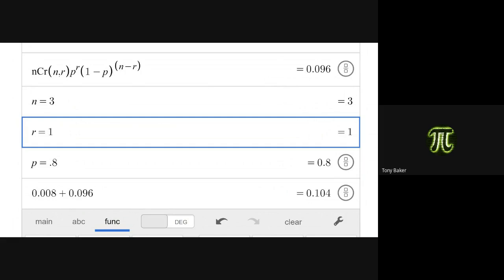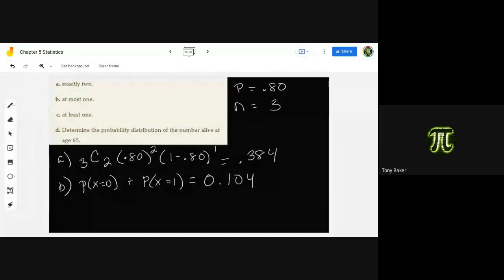So this one we were looking for at most 1. And we've got that value there. The next one, I want at least 1.